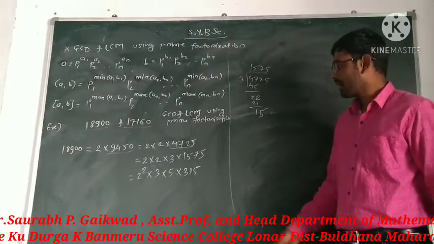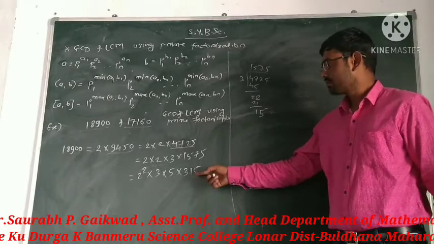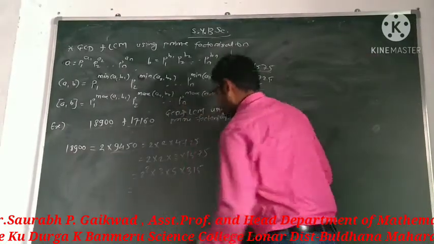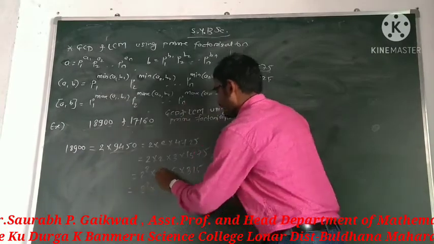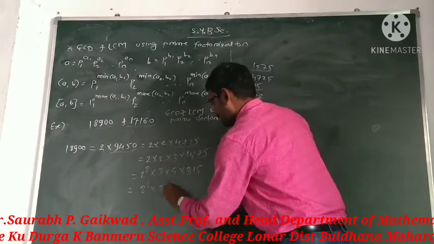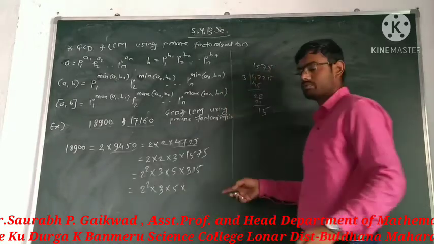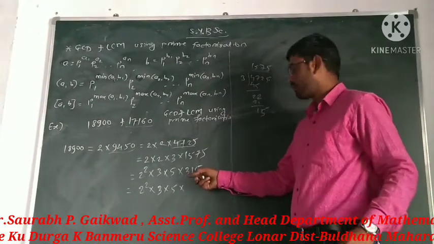Yes. Now again, this number is divisible by 5. So we can write 2 square as it is, this 3 as it is, this 5 as it is, into again 5 into 63.